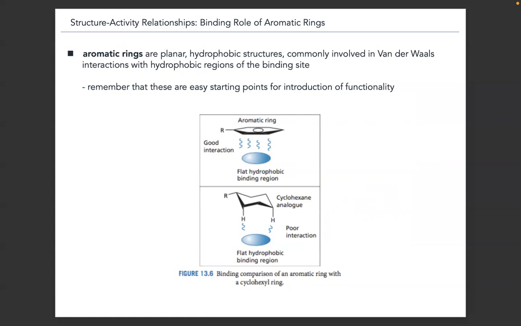So they interact well with hydrophobic regions of the active site. And that's a very similar case with cycloalkanes. I don't know if you guys remember drawing a chair, but cyclohexane is also one. Those H's can do that as well, but it doesn't do it as well as the aromatic ring on the top.